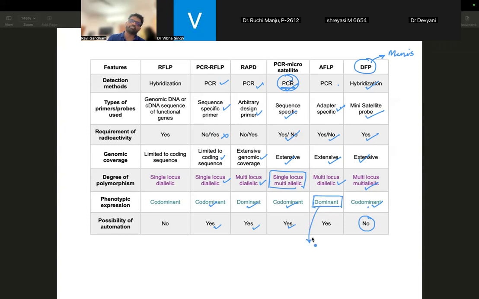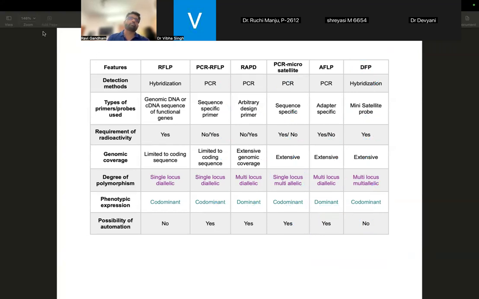Because initially when you are cutting your DNA with your restriction enzymes, this entirely depends on the presence or absence of your restriction site. If the restriction site is there, then you have a fragment. If the restriction site is absent, you don't have the fragment. So that's why this is said to be dominant, right?